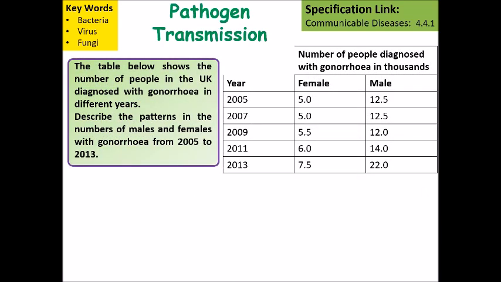The second question that I would like you to think about: the table to the side shows infection rates of gonorrhea over the years. I want you to describe the patterns in the number of males and females with gonorrhea from 2005 to 2013. Pause the video and have a go.